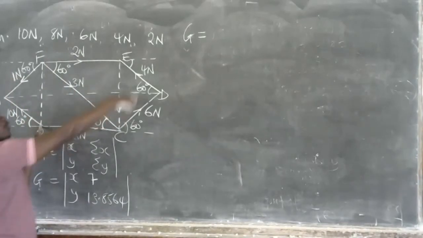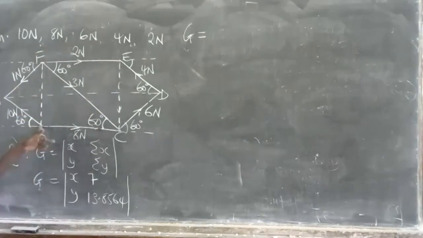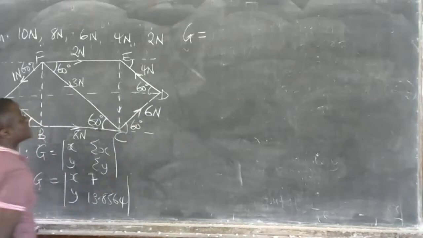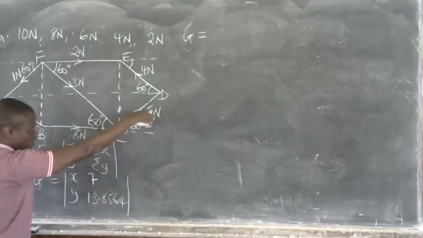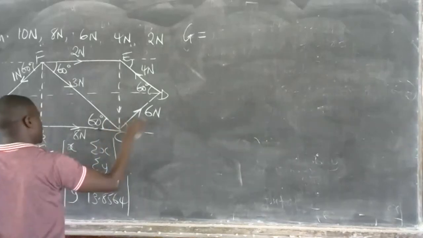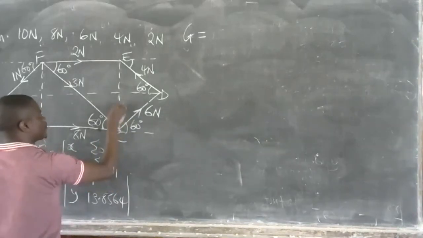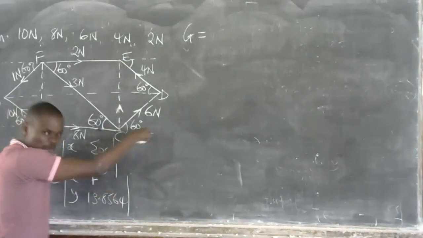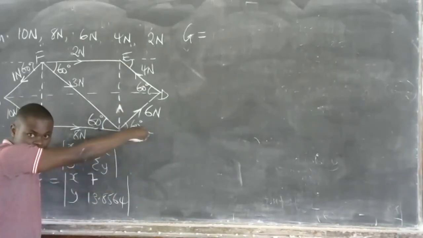They wanted moments of these forces rotating. So to get the moment of the 6 newton force, we use its components. The first component will be this vertical one here, and then the horizontal has no moment.